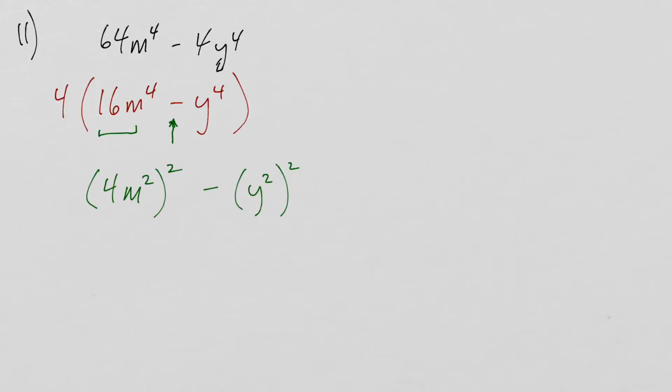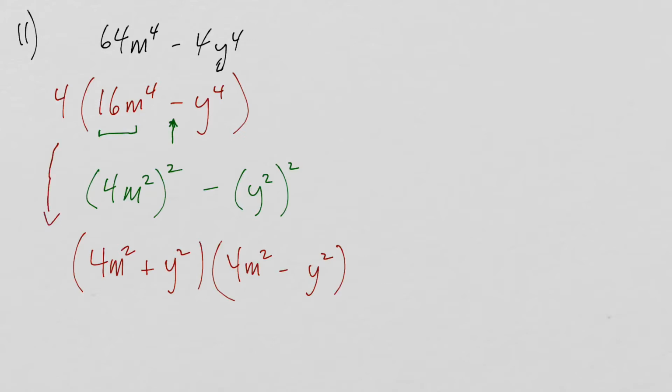So that's going to become the product of two conjugate pairs. This first item will be 4m squared, and the second item will be y squared, and we'll put the opposite signs in between them. And don't forget about this 4.